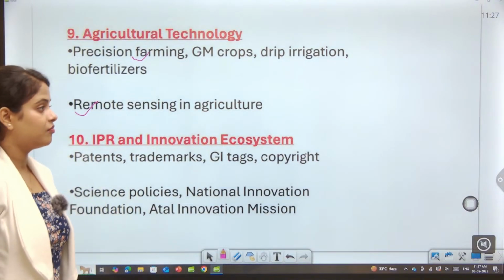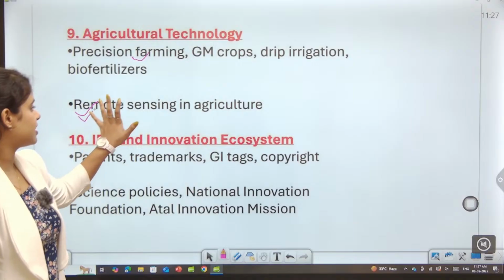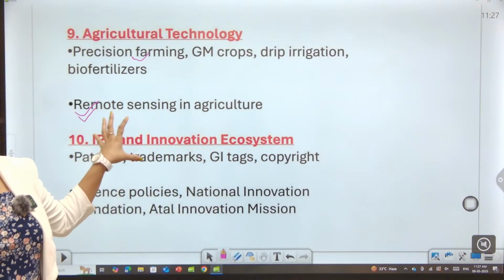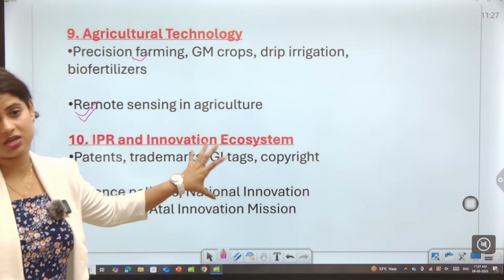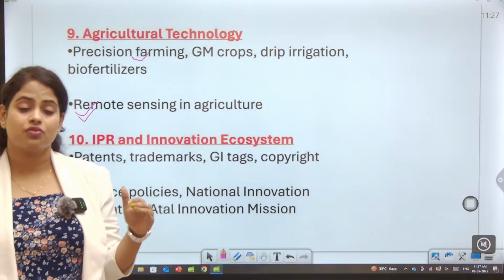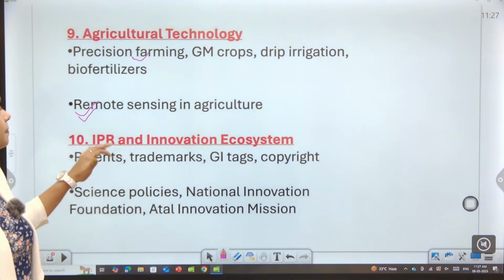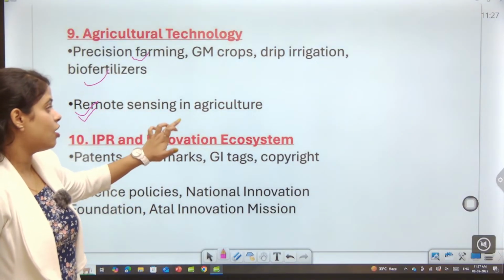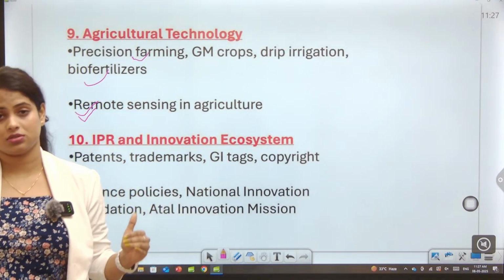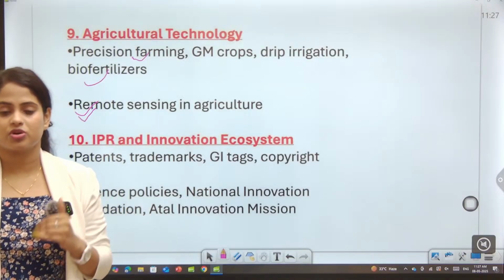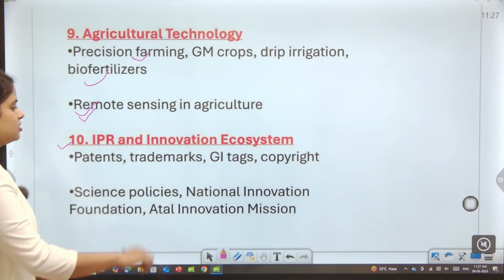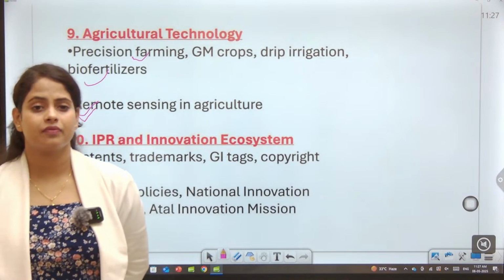From that, there is the remote sensing satellite, through which you can directly relate to agriculture technology, or you can write agriculture technology under the remote sensing satellite. Okay. So next is IPR and the innovation ecosystem.